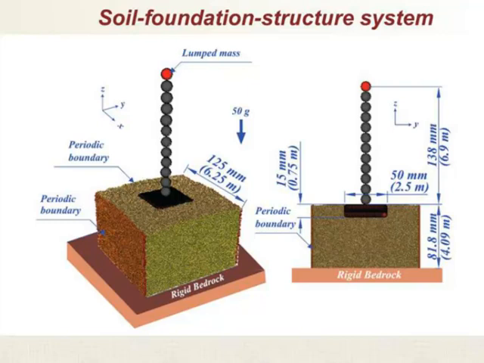We also scale down the time of the simulation. So if we subject the system to a certain earthquake motion, instead of using the actual time, it's scaled down by 50 in this case. And in order to eliminate any effect of lateral boundary conditions, we use periodic boundaries.